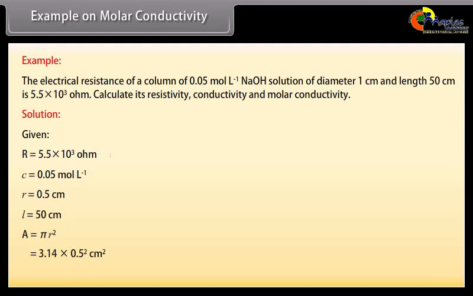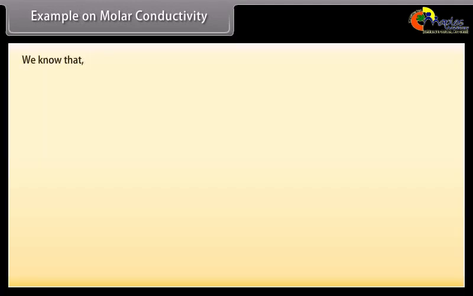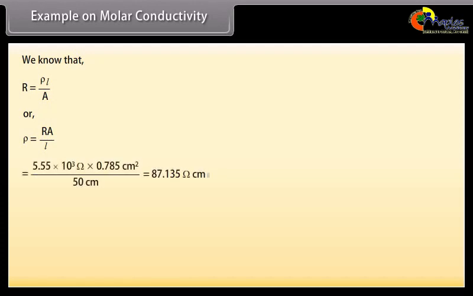By putting the values, we get area is equal to 0.785 centimeter square. We know that R is equal to ρ L upon A. By putting the values, we get resistivity is equal to 87.135 ohm centimeter. We know that conductivity is the reciprocal of resistivity.